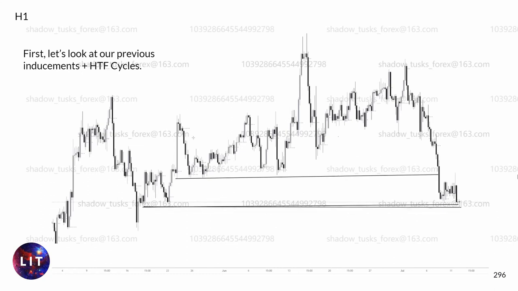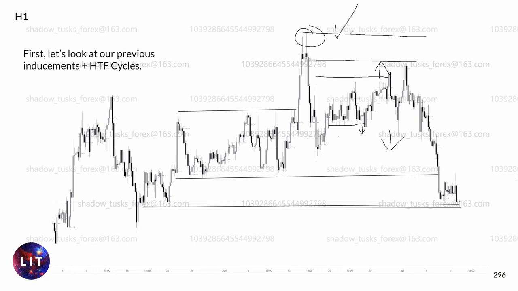So equal lows, equal highs, inducement high, and then obviously another set of equal lows that we induce low, build another set of equal highs, induce high, induce low into mitigation. This is our higher time frame lit cycle. So now we know, okay, we're trading away from this, and then we come down into these equal lows, take these out, and then currently we're sitting here giving another false reaction.